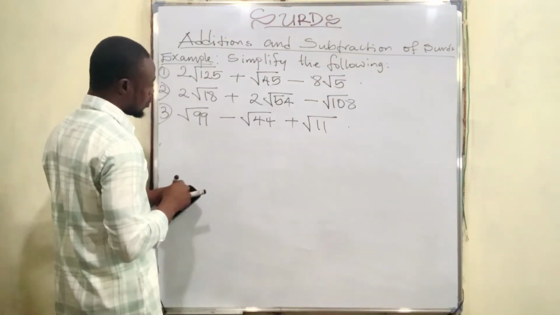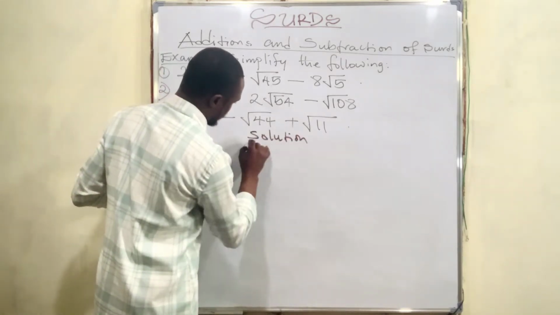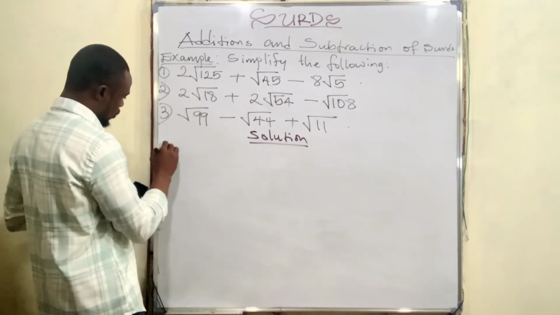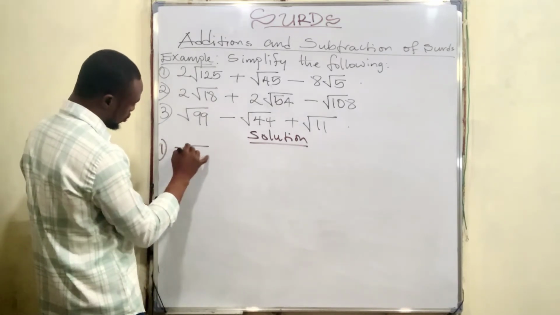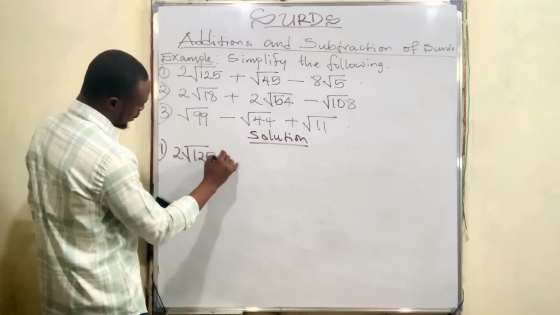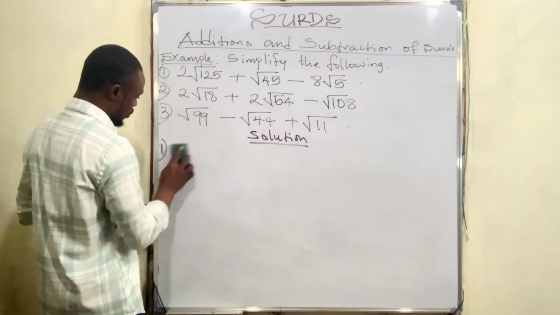So, solution. The first one here is 2 root 125. Now I will just go straight to solving because of space.